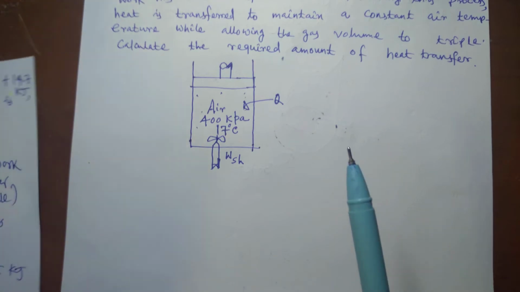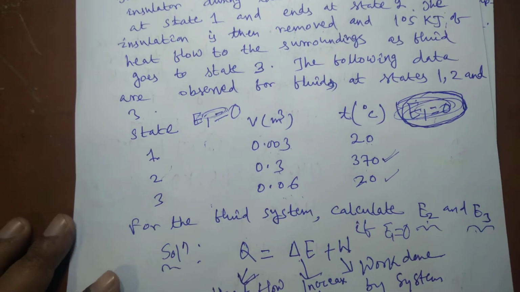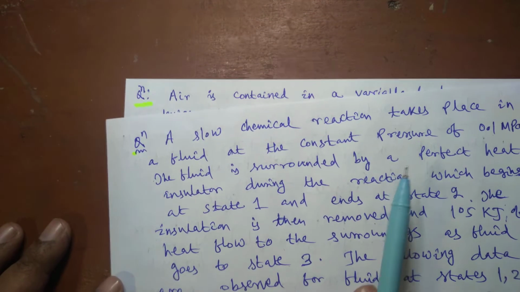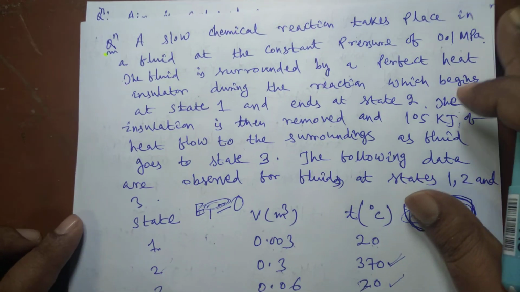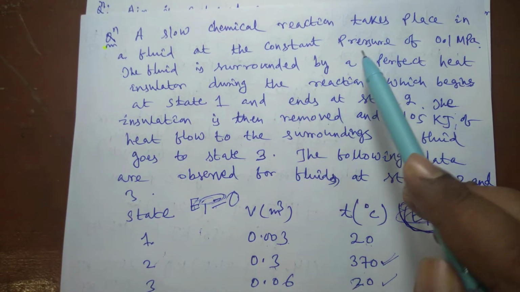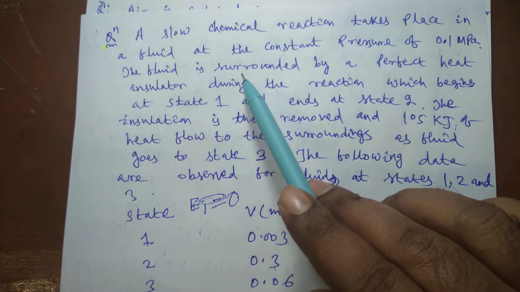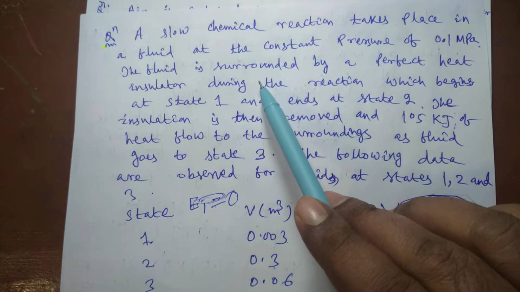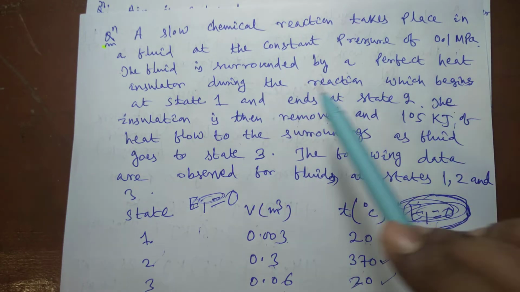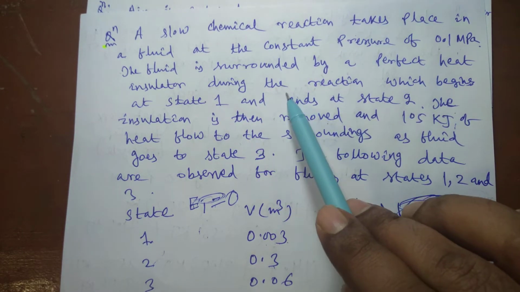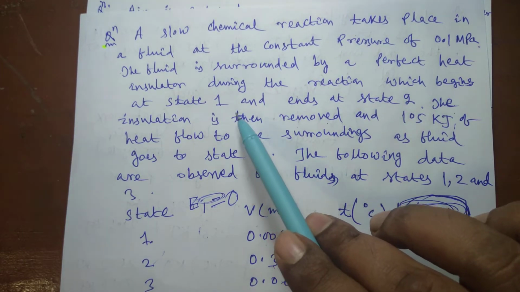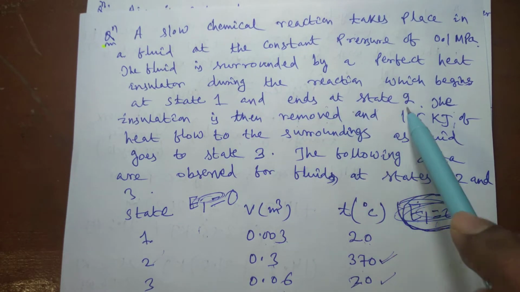And the second question is like this. A slow chemical reaction takes place in a fluid at a constant pressure of 0.1 megapascal. So the chemical reaction takes place at constant pressure. The fluid is surrounded by a perfect heat insulator during the reaction, which begins at state 1 and ends at state 2.